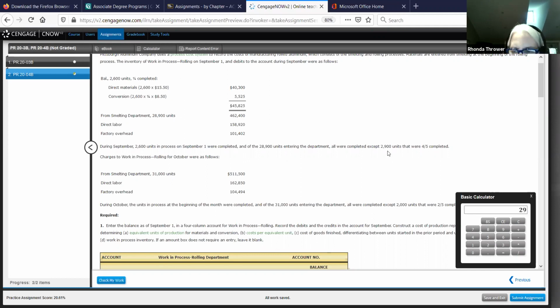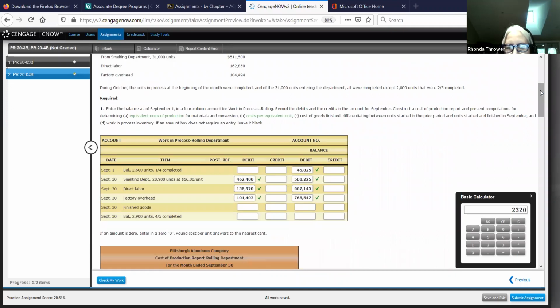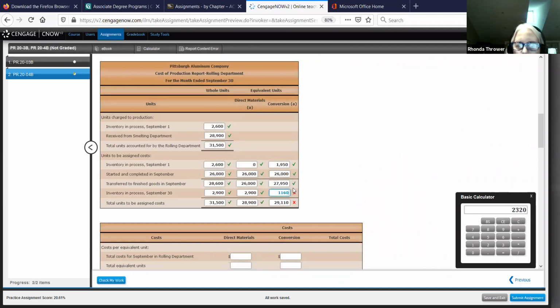Times 4 divided by 5 equals 2320. So let me check my work.